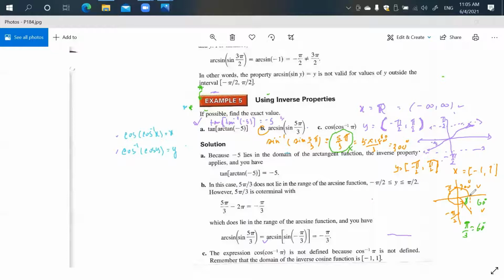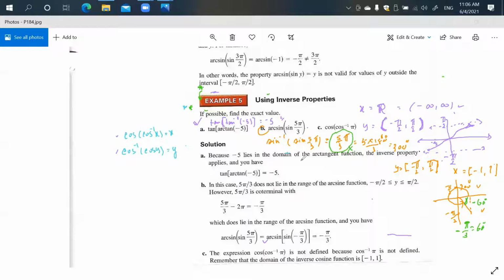But then you cannot rotate like this. Now you have to rotate clockwise. So now this has to be negative, right? Because we need this one in the fourth quadrant. If you do it the other way, it's no use. So we have to have negative pi over 3.